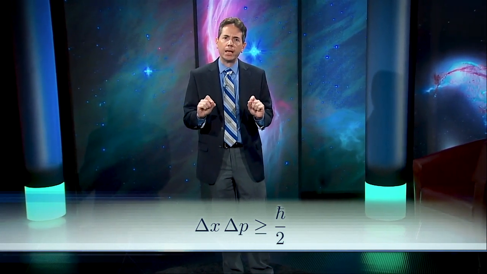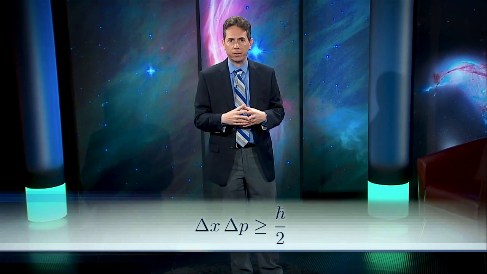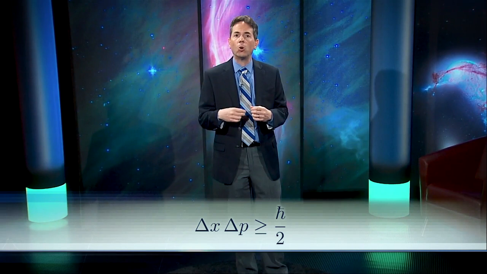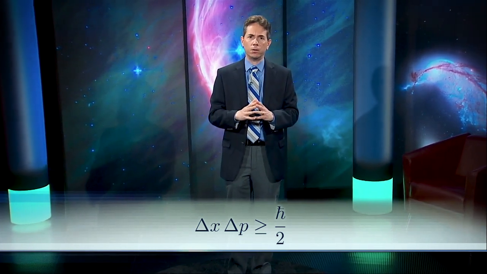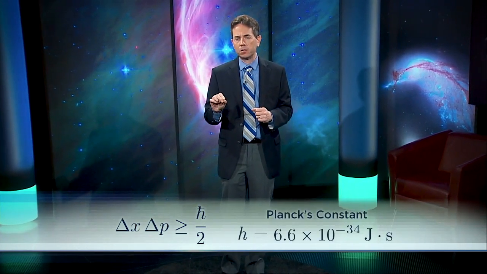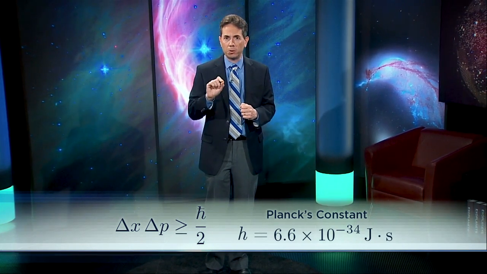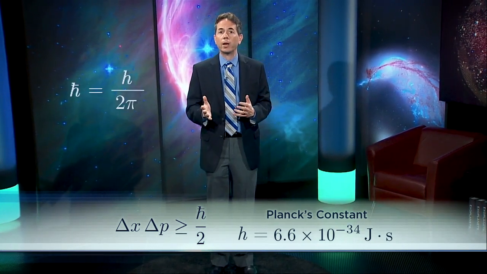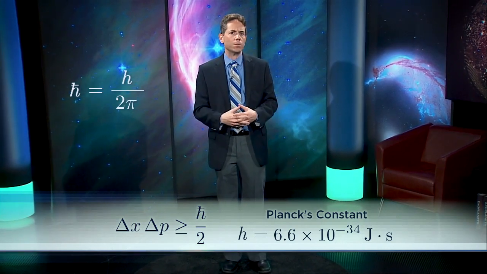You can't make both delta x and delta p as small as you might want. Their product is always at least h bar over 2, a fundamental constant of nature. The h is Planck's constant, 6.6 times 10 to the minus 34 joule seconds. And the little bar through the middle is shorthand for h over 2 pi, because that combination comes up so often.